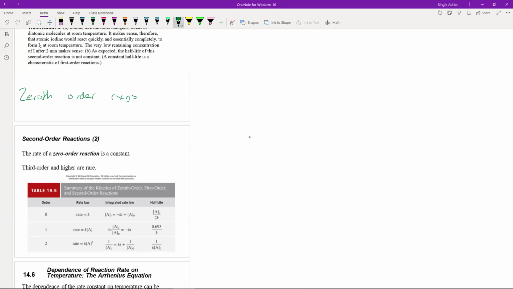Okay, and if we think about, again, a general reaction where A is turning into products, if it's zero order with respect to A, we can write an expression for this. So the rate there would be equal to K, rate constant, times A to the 0th power, right?